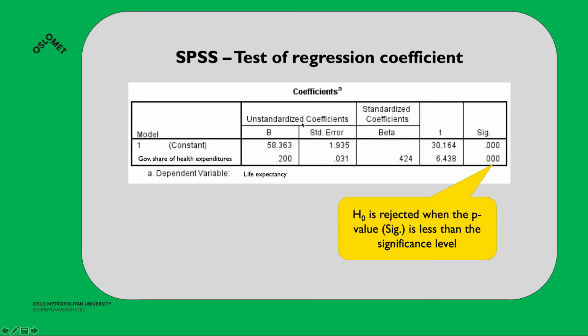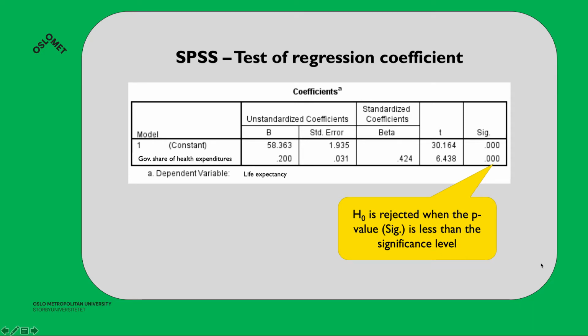So this is the constant. This is the regression coefficient, and we are really testing whether this regression coefficient is different from 0, which is the null hypothesis. And yes, it is definitely so, because our p-value is very much lower than 5%. So H0 is rejected because the p-value is less than the significance level.